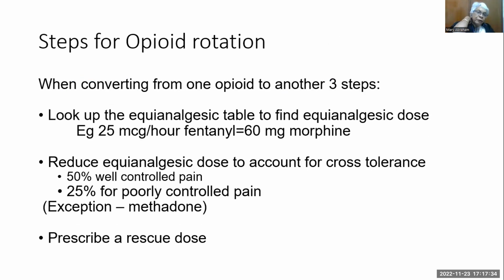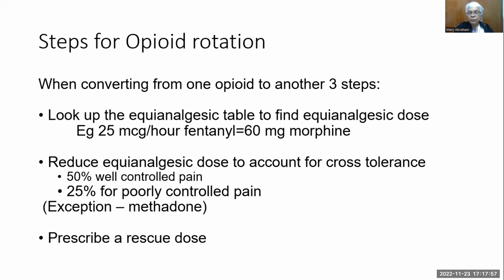But when you convert from one opioid to another, there are 3 steps to keep in mind. First of all, you look up the equianalgesic table to find out the equianalgesic dose, or what is called the oral opioid equivalent. For example, 60 milligrams of morphine is equivalent to 25 mics per hour of fentanyl.